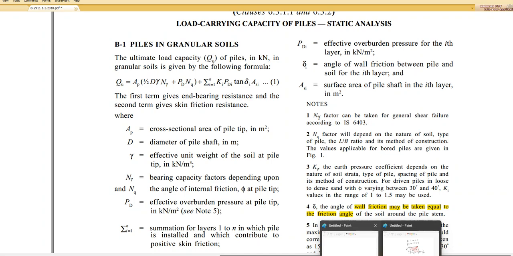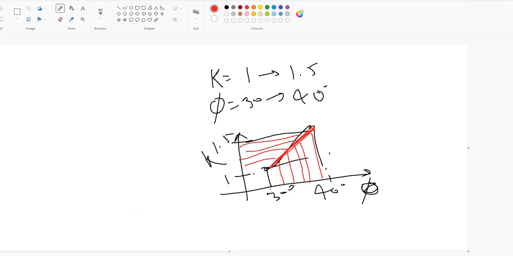Okay, so delta I will recommend to use delta is equal to phi minus 3. So if your phi is equal to say 35 degrees, we will use delta is equal to 32 degrees. That's what I was saying.